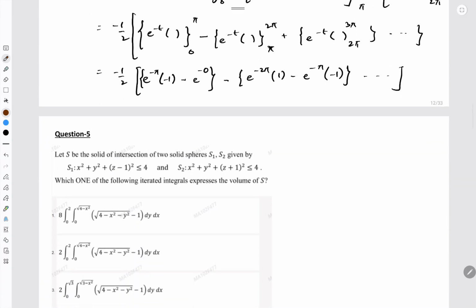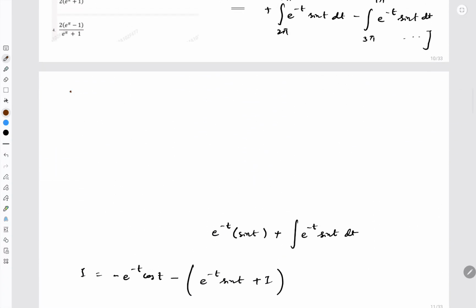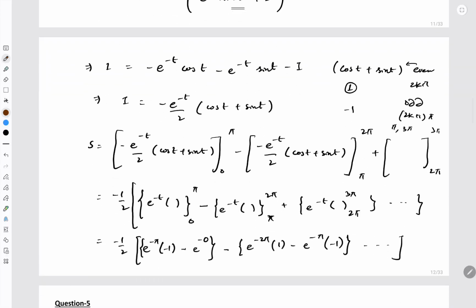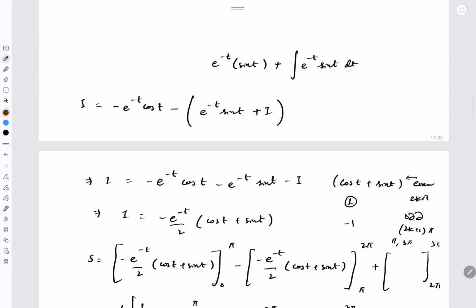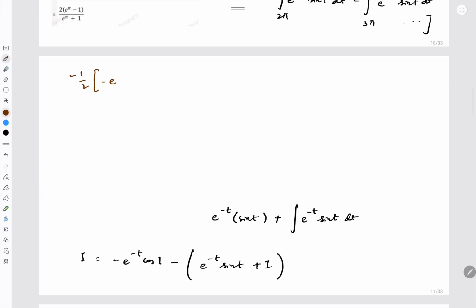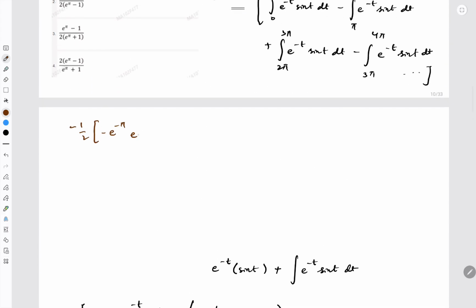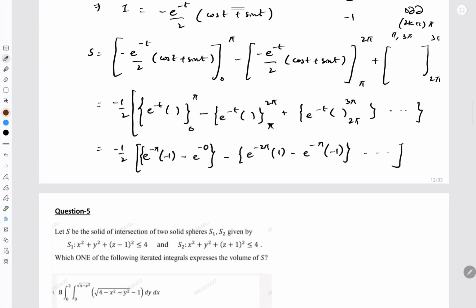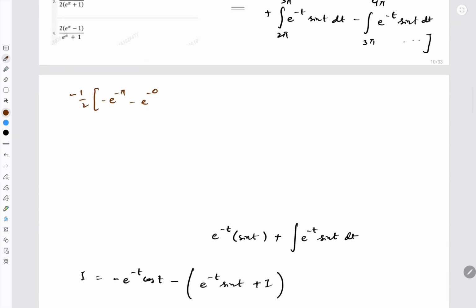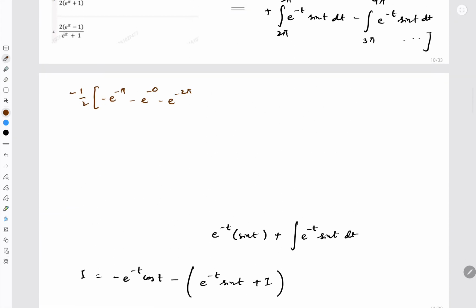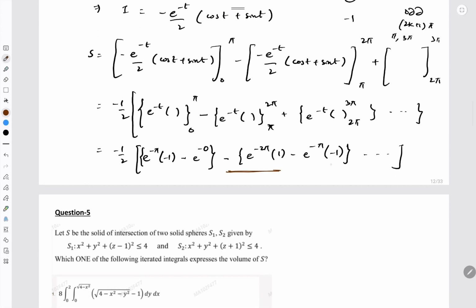Let us rewrite what we found. Let us write the first four terms only, minus 1 by 2. So it is minus e power minus pi, minus e power minus 0, and then minus e power minus 2 pi. This is negative, the negative sign becomes positive, and then outside there is a negative sign, so again a negative sign.